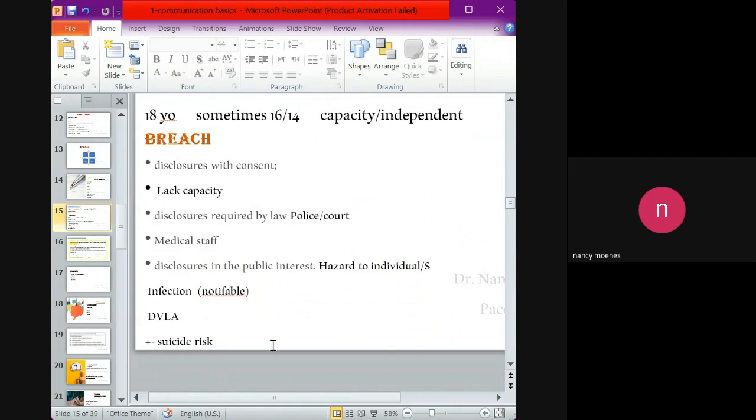For DVLA, a patient has had a stroke or has a problem with his vision, and we advise him to stop driving and inform DVLA. Then he tells me that I can't inform DVLA. I will try to convince him as much as possible. Usually in the scenario he will agree. If the patient disagrees with DVLA, I will tell him again and again that it's better, and discuss with him all the advantages and disadvantages of this decision.